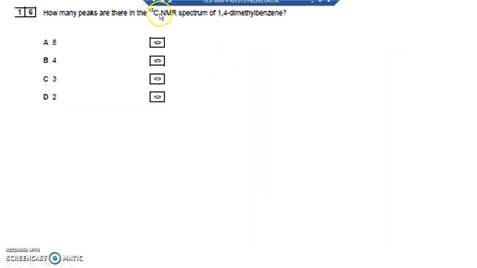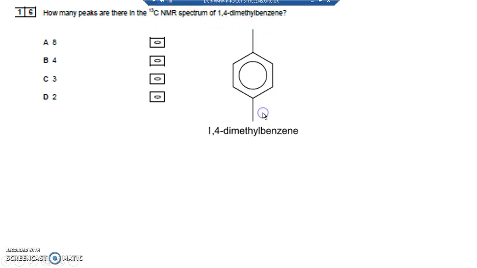How many peaks in the 13 carbon NMR spectrum of 1,4-dimethylbenzene? Let's have a look at 1,4-dimethylbenzene. Well, it's completely symmetrical, so carbon number 1, 2, 3, 4. I've got 2 methyl groups, one at carbon number 1 and one at carbon number 4. So the thing is, it's completely symmetrical, so in terms of equivalent carbons, the carbon in the methyl group here and the carbon in the methyl group here are in the same environment.